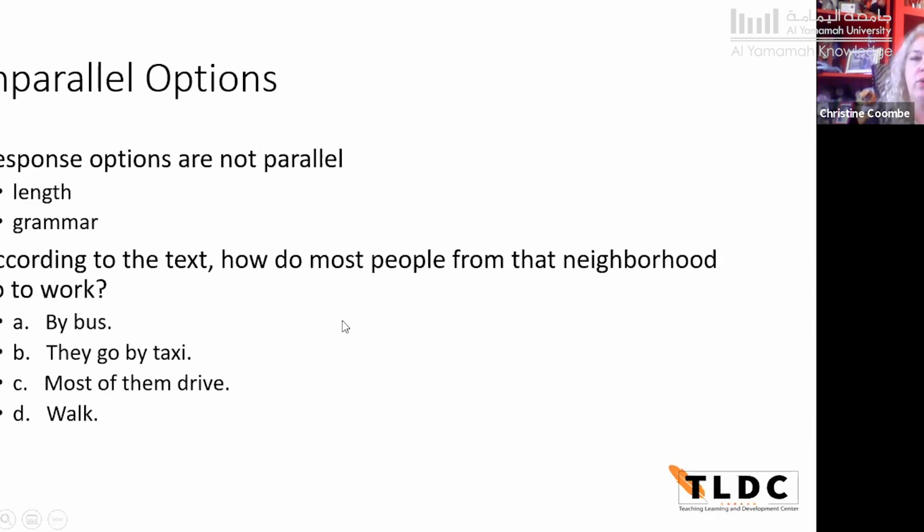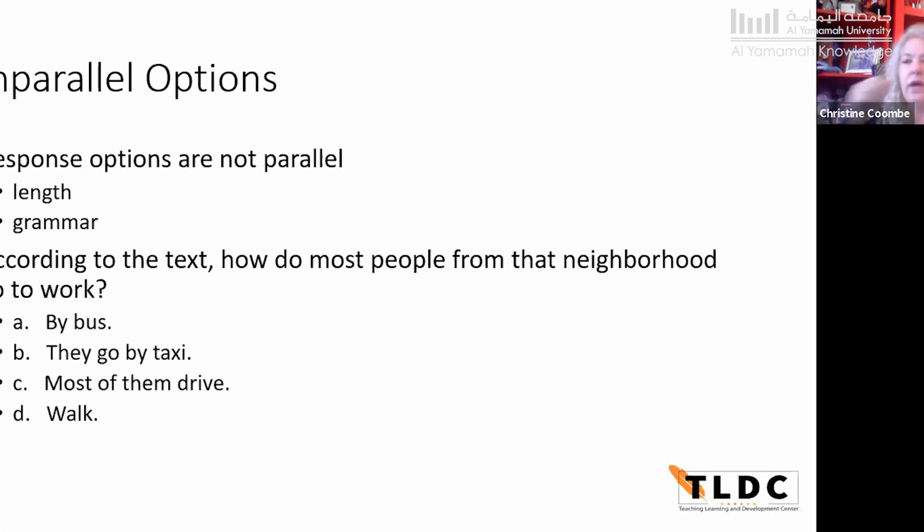Unparallel options are where your response options aren't the same. Technically, they should be parallel in terms of length and in terms of grammatical structure. Here I've tried to mix one up that has non-parallelism in terms of length. You can see a couple of these are a lot longer than others.